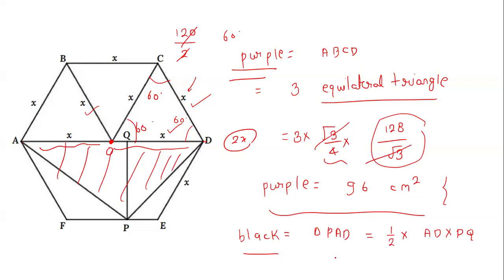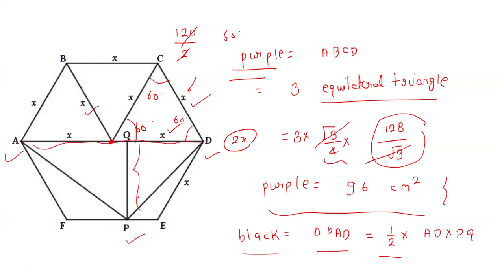So the black area is the area of the triangle PAD. This is P, this is A, this is D. So what is the area of this triangle? It is half times the base AD, like this is the base and this is the perpendicular height. So AD times PQ.